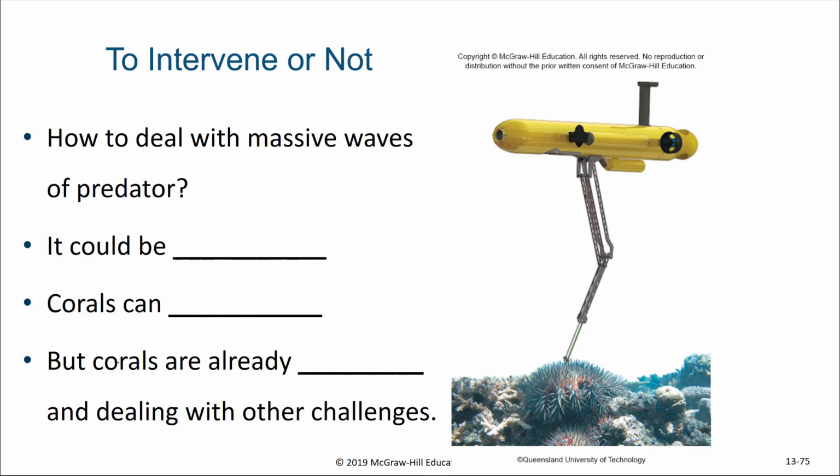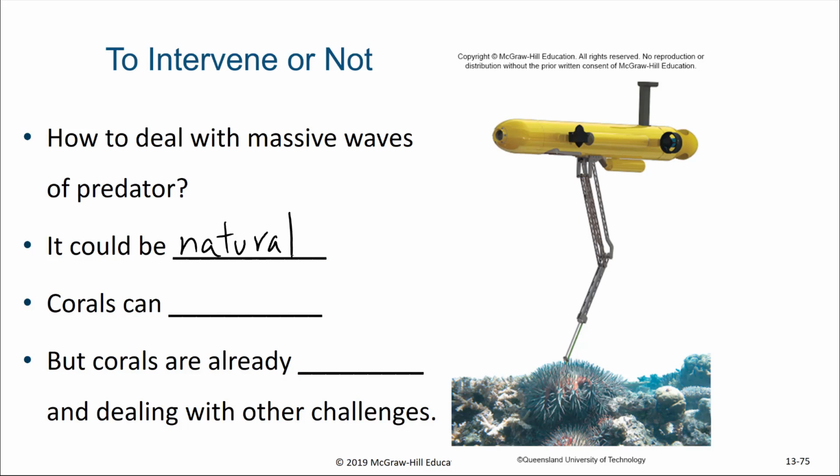So how do we deal with these massive waves of predators on the coral reef? Or should we be intervening at all? This is an area of debate within the field of marine biology right now. One argument is that these predators are natural, and interfering with the natural balance could be problematic.